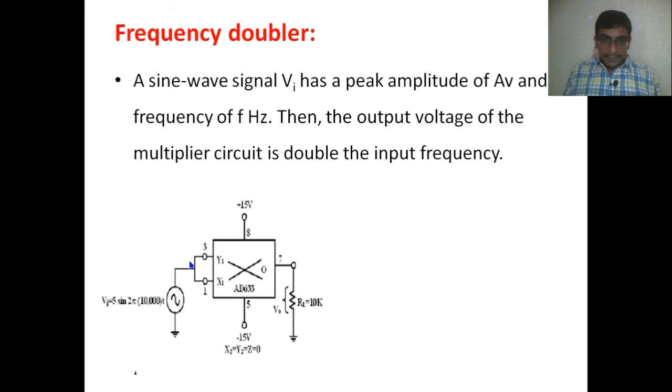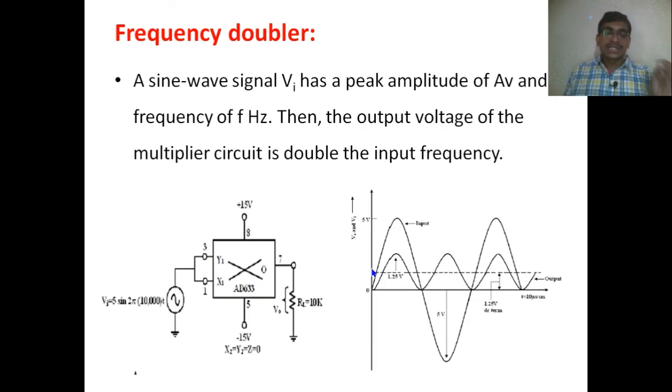See, in place of V1, if you give Vi, which is a sinusoidal signal, to our multiplier, then the output will be at double the input frequency, because the two inputs x1 and y1 are both the same, which is Vi. Suppose it is a sinusoidal wave, so the two inputs are getting multiplied: A sin omega t into A sin omega t. Both are getting multiplied here. A into A is A square.